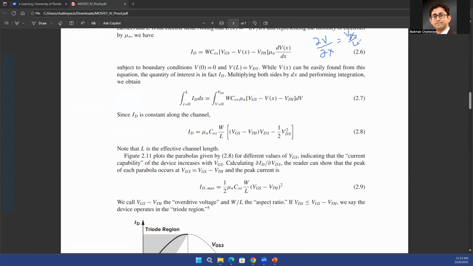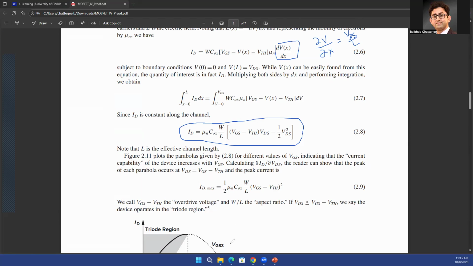So it is true only for small VDS. But if the VDS is not small, you cannot approximate that. You just keep it in the form of dV dx, do the integration, and find out that the equation will look like this.